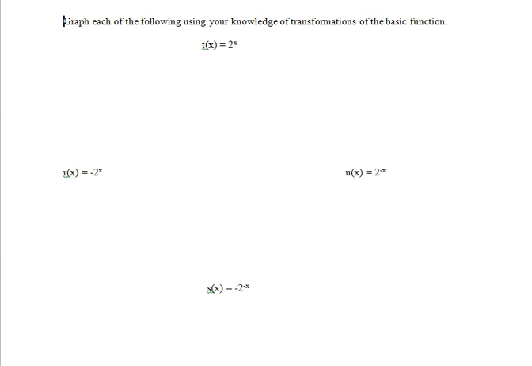This time the base is 2, so our basic function, t of x equals 2 to the x, is an increasing function through the first and second quadrants, going through 0, 1, and 1, 2.